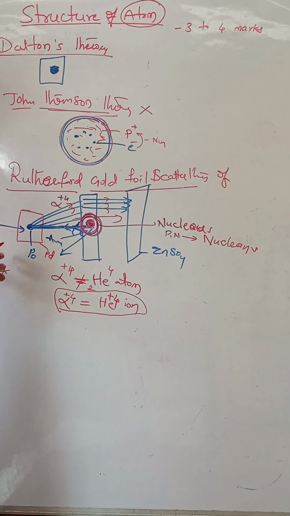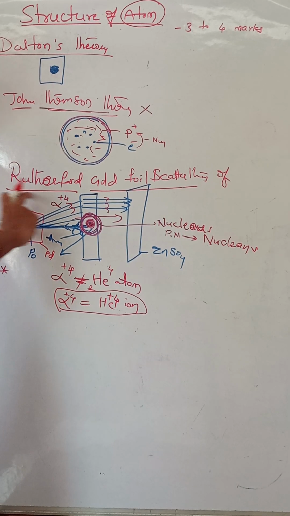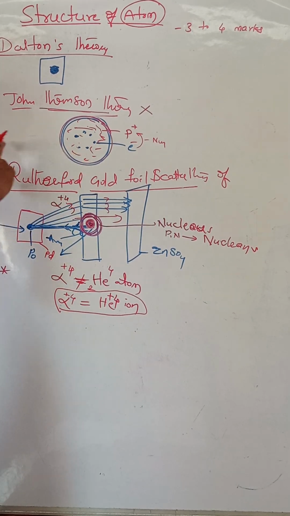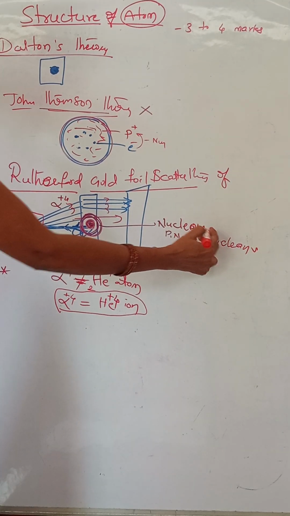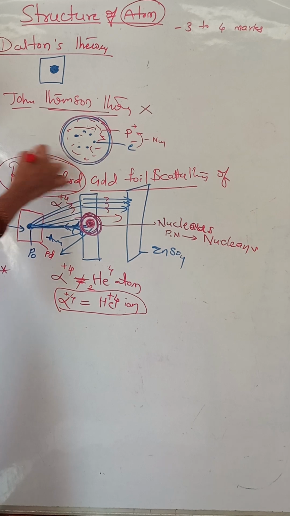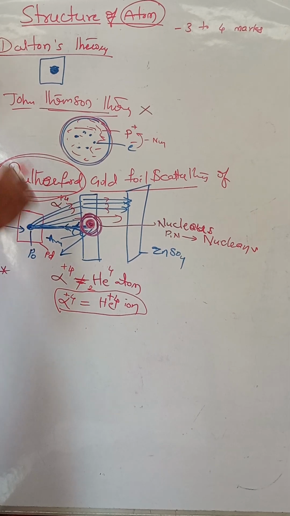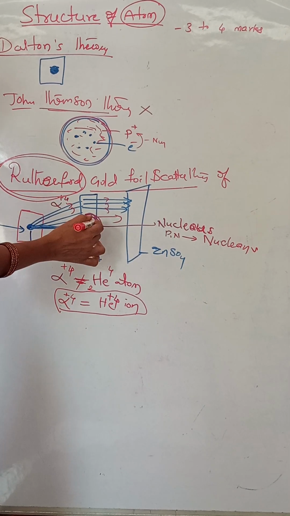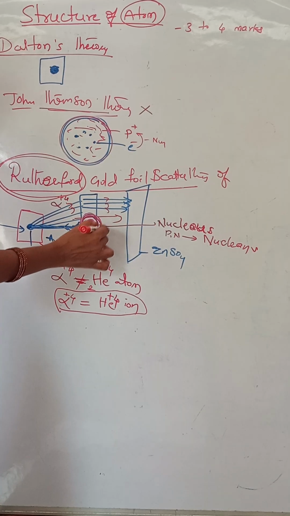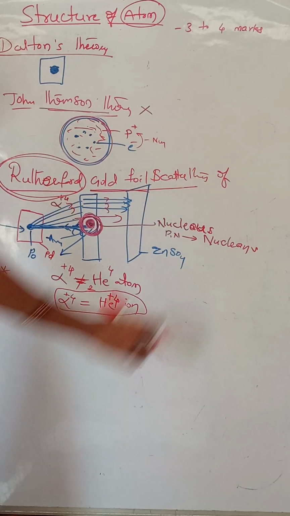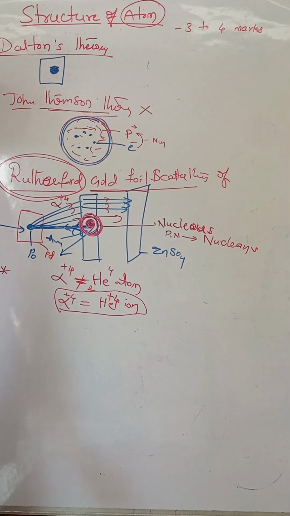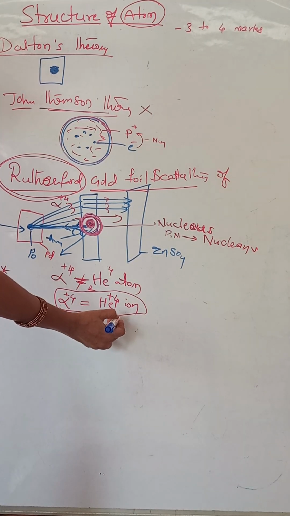The nucleus was discovered by Rutherford. He explained the geometry of the atom with the gold foil scattering theory. After that, alpha rays are equal to the helium ion.